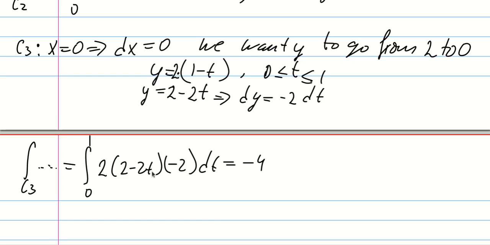So we're going to get 2t minus 2t squared over 2 evaluated from 0 to 1. All right, so cancel this part. If we look into the future, 0 will zero everything out.